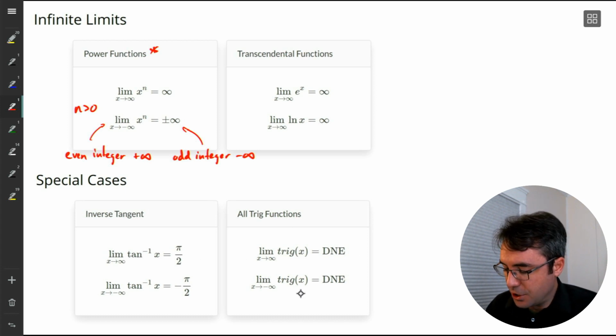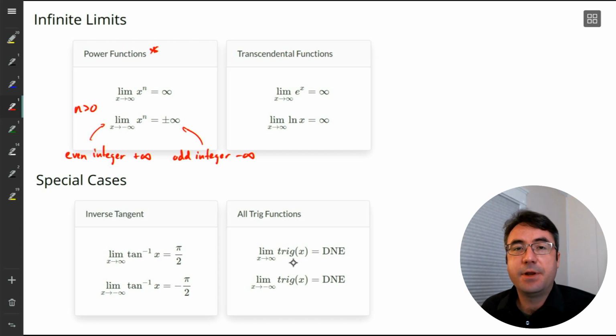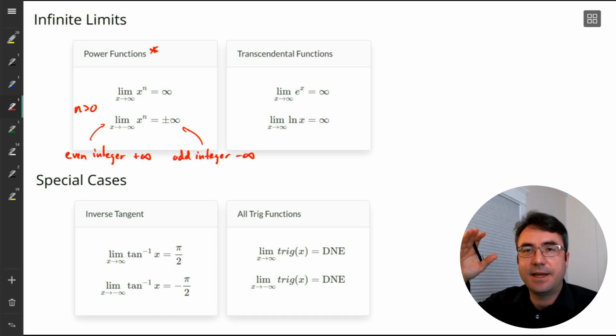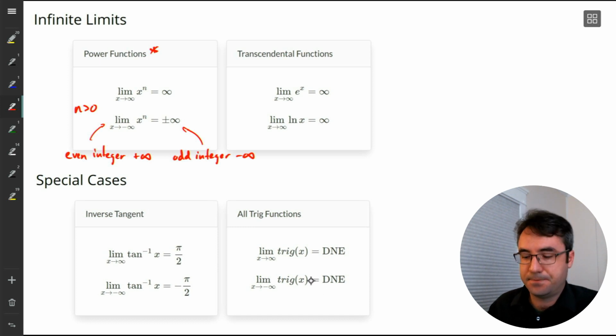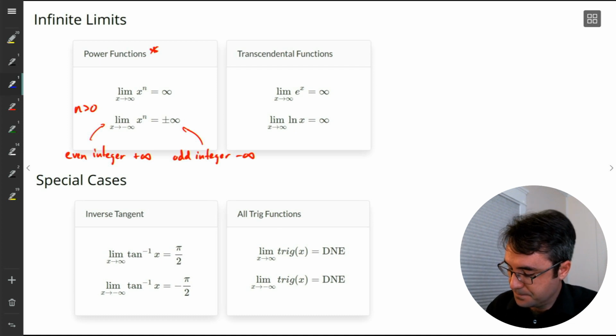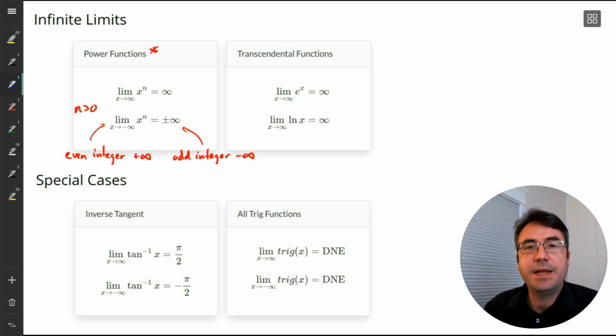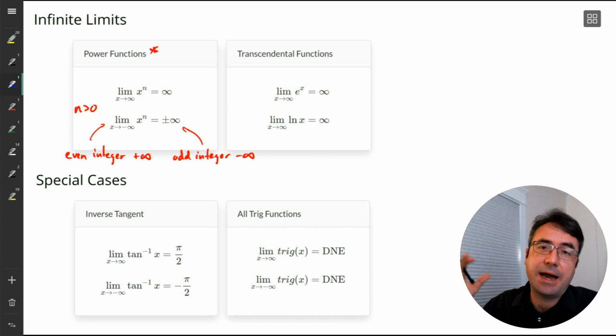And then finally, these show up a bit also, the limit of a regular trig function. So we have 6 regular trig functions, and we know they all oscillate back and forth. Because of that oscillating behavior, the limit does not exist for each of those. So, it oscillates and it never settles down.